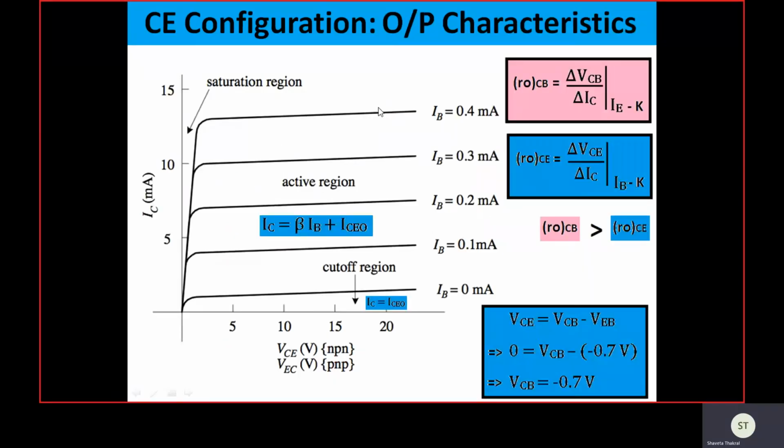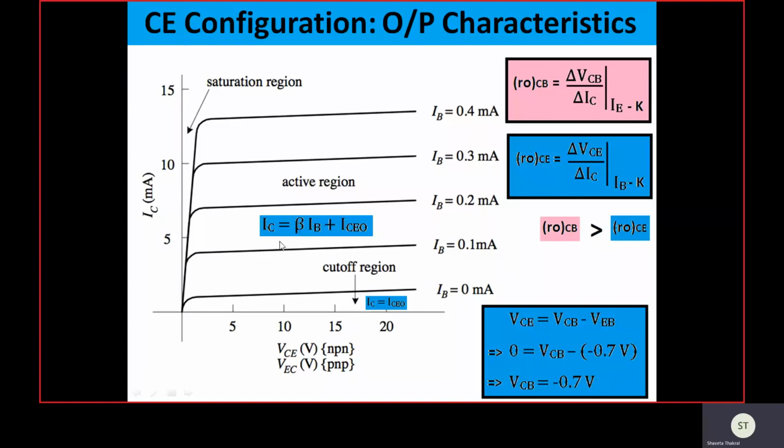Another observation is, in the case of common base configuration output characteristics, the curves were almost flat, but here we can see a small slope in the case of common emitter configuration. The reason is that there the variation was in the alpha parameter, and here the variation is in beta, and the variation in beta is comparatively large as compared to the variation in alpha.